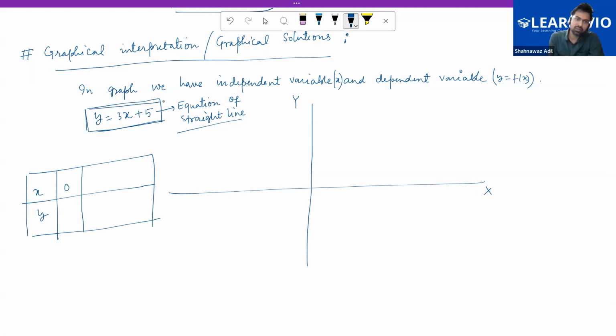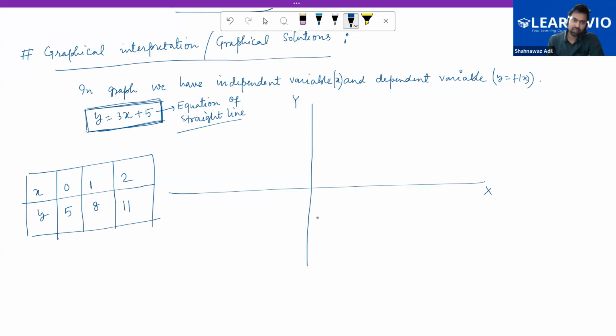So if x equals 0, then what is y? 3 into 0 is 0, plus 5. So this is 5. And then x equals 1, then this would be 8. And then x equals 2, so then this is 3 into 2, which is 6, plus 5 again.